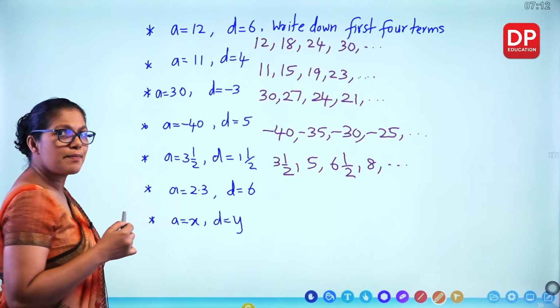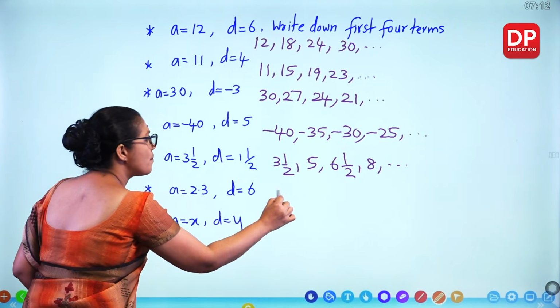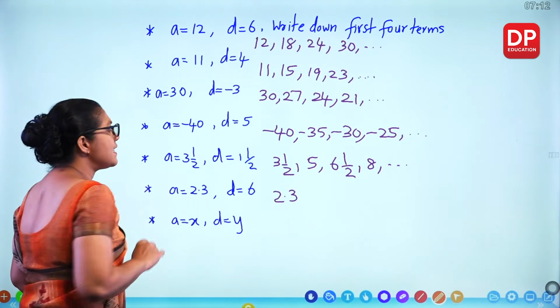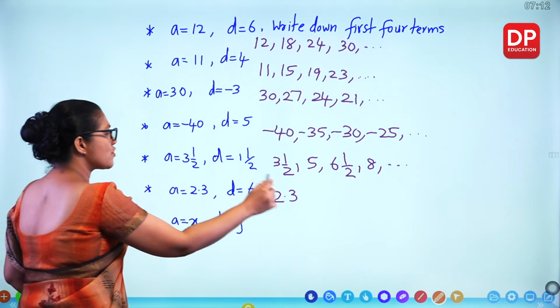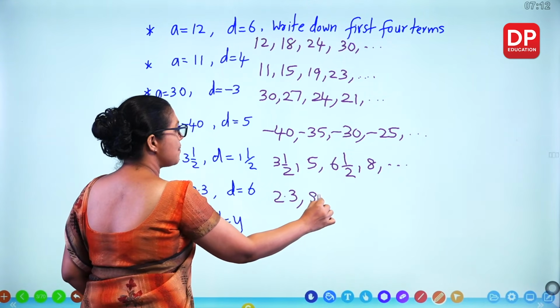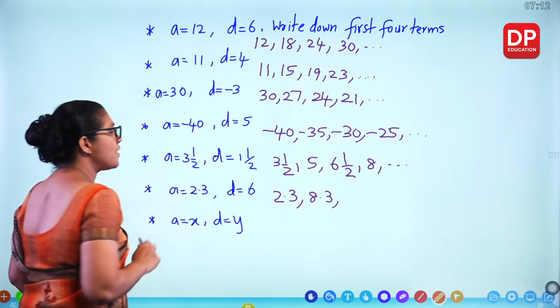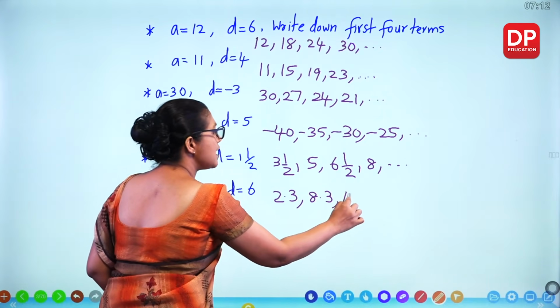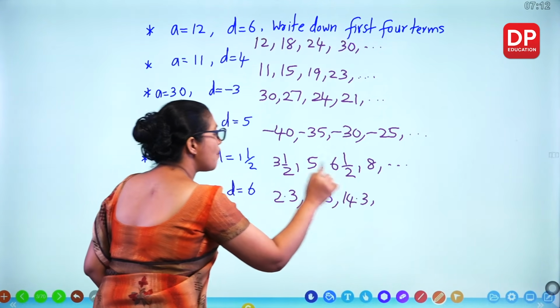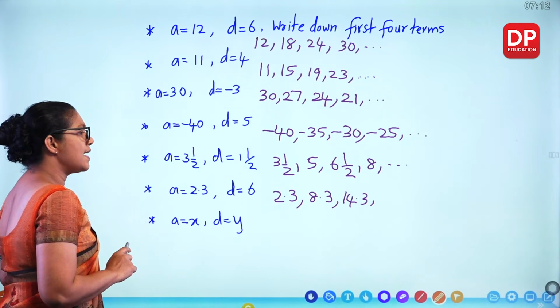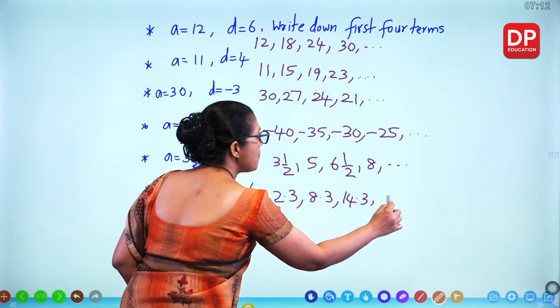This one has decimal values starting from 2.3. Adding 6 to that. 6 plus 2.3, 8.3. 8.3 plus 6, 14.3. 14.3 plus 6 is 20.3.